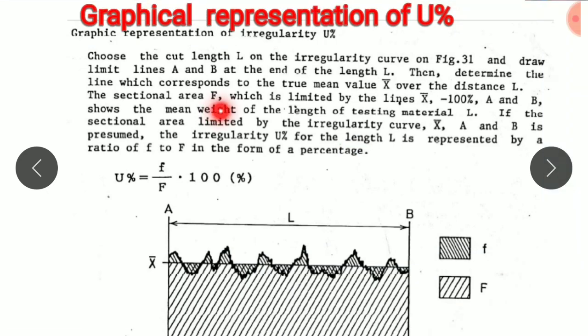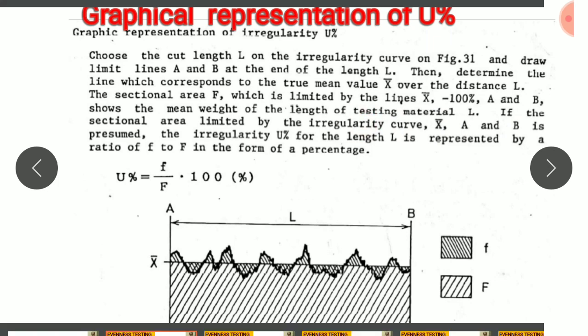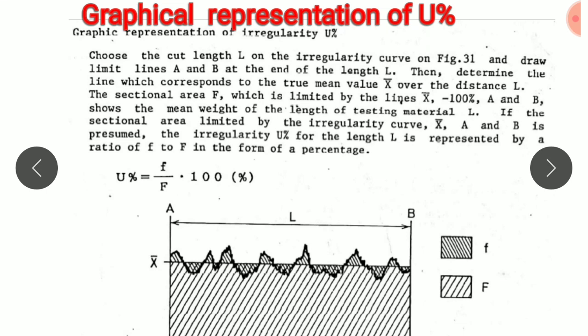It shows the mean weight for the length; this capital F is the mean weight of the length of testing material L. If the cross section limited by the irregularity x bar AB is presumed, the irregularity U percent, which is percentage mean deviation, can be represented by small f, which represents deviations, divided by capital F, which represents mean value, into 100.